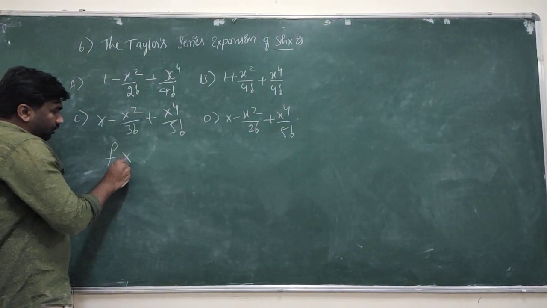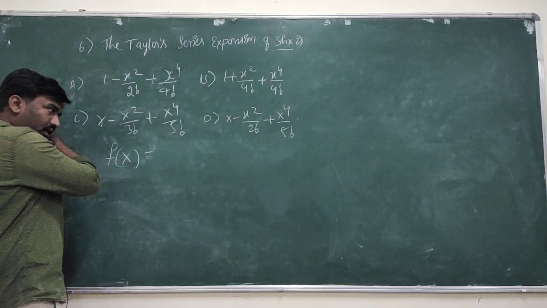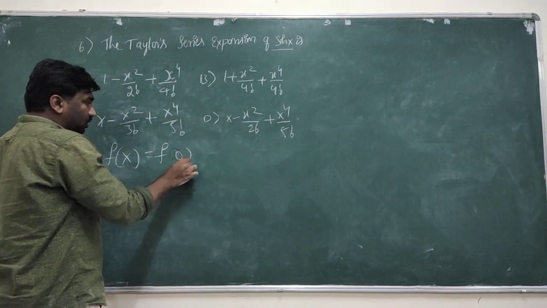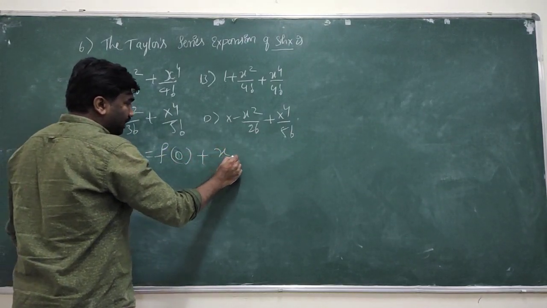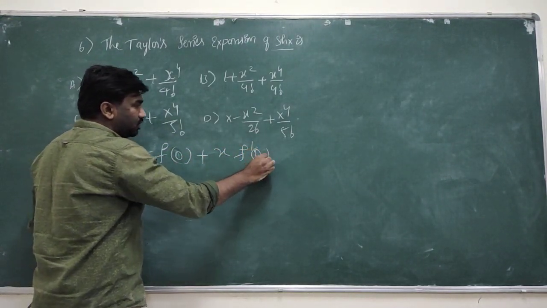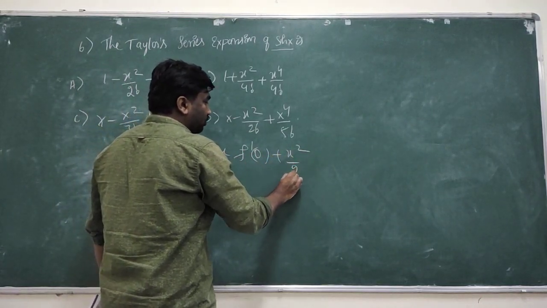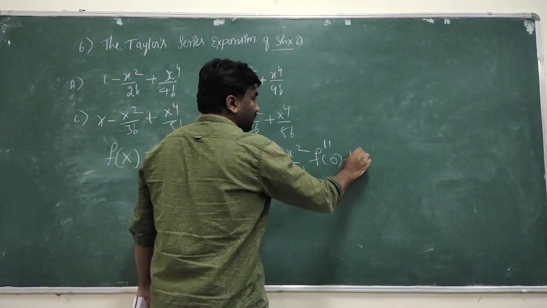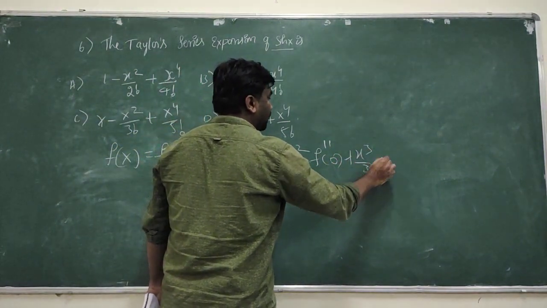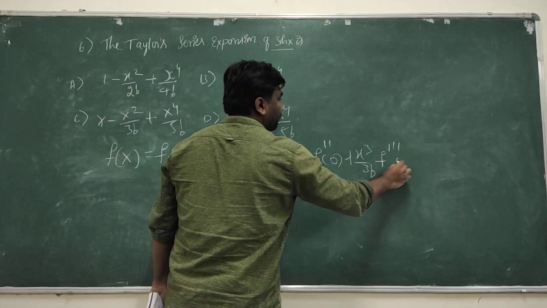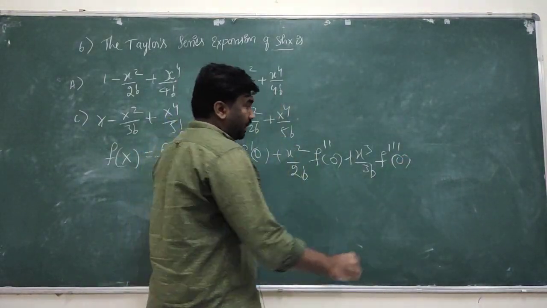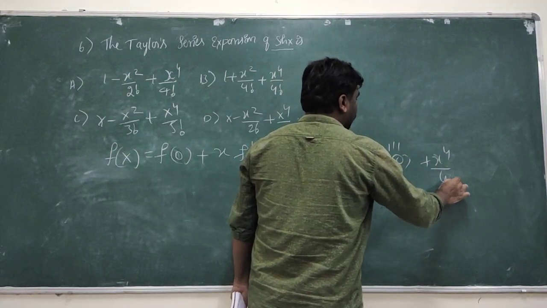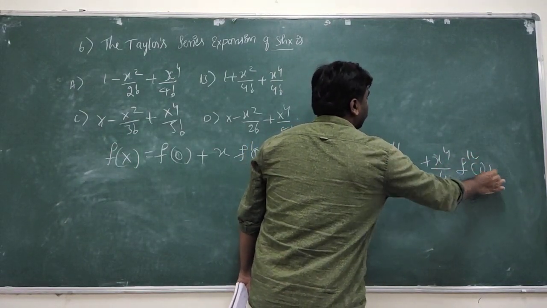We know that for Taylor series, f of x is equal to f of 0 plus x into f prime 0 plus x square by 2 factorial into f double prime 0 plus x cube by 3 factorial into f triple prime 0 plus x power 4 by 4 factorial into f 4 of 0.